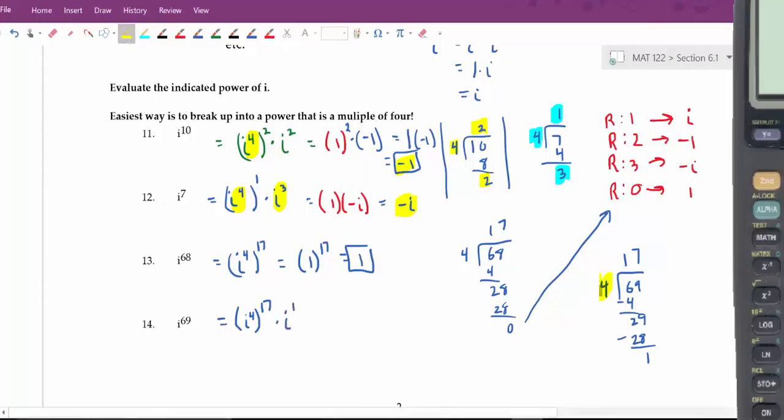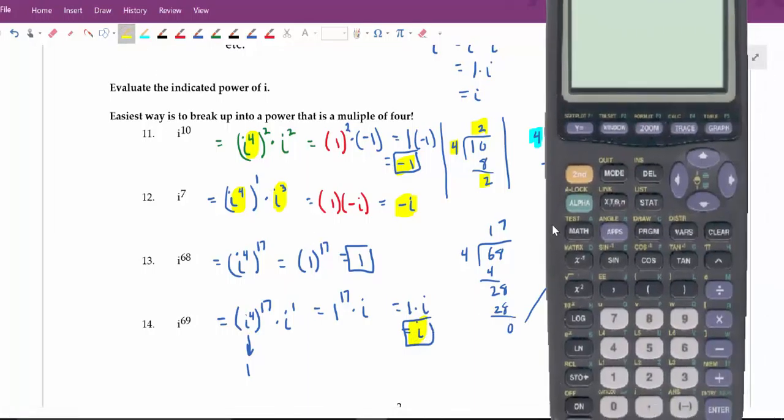We're always breaking this up into i to the 4th to a power, and then whatever the remainder is. So what happens with this one is it works like this. Okay, again, i to the 4th is 1. So that's 1 to the 17th. i to the 1st is just i, so that's going to be 1 times i. So the answer to that problem is going to be i, like that.